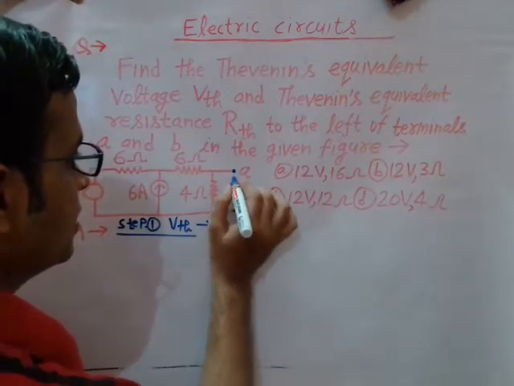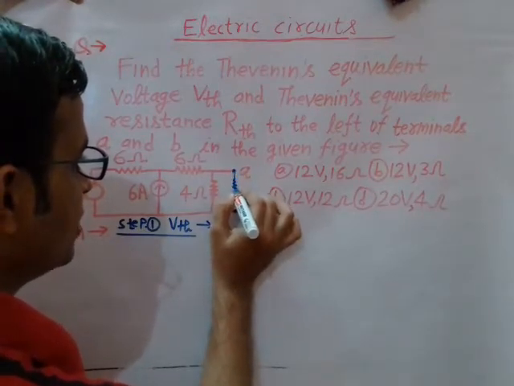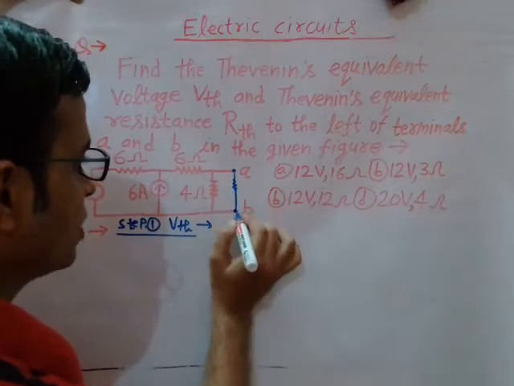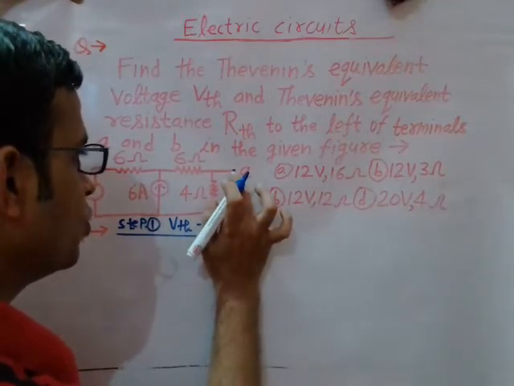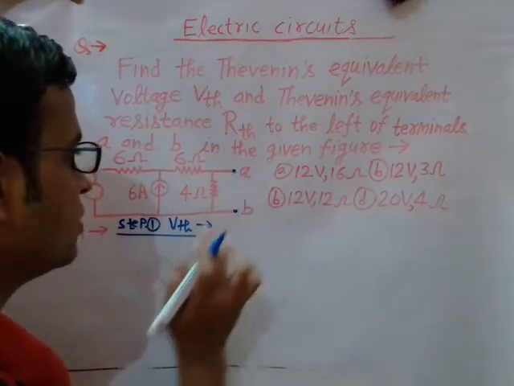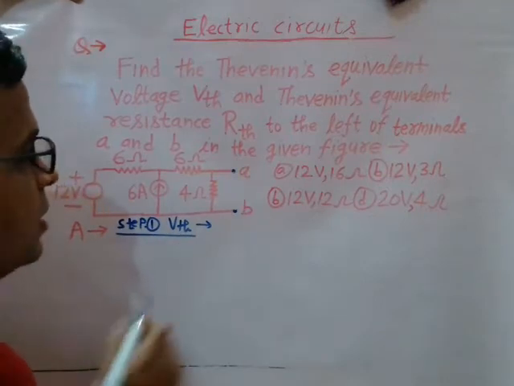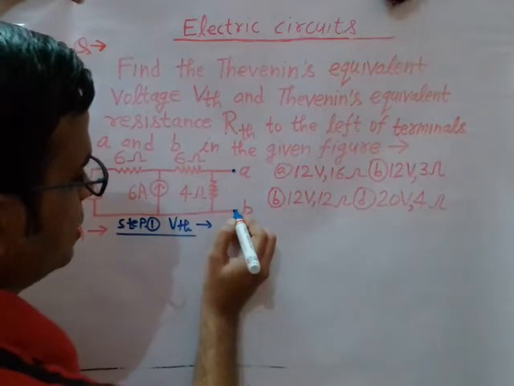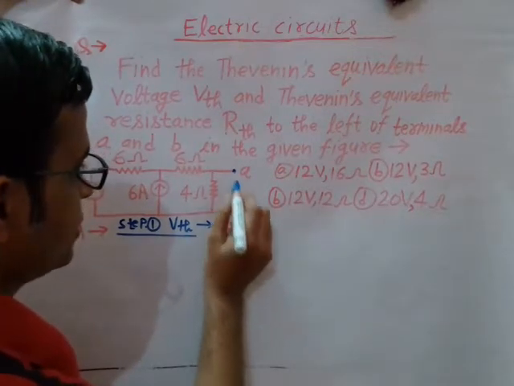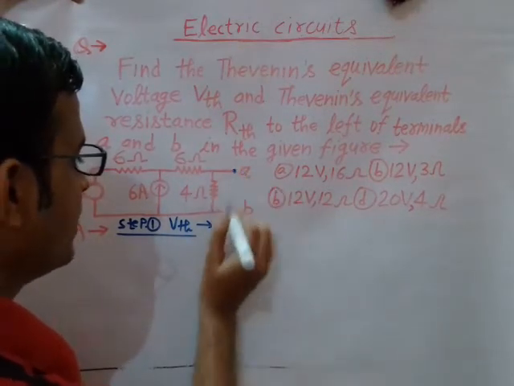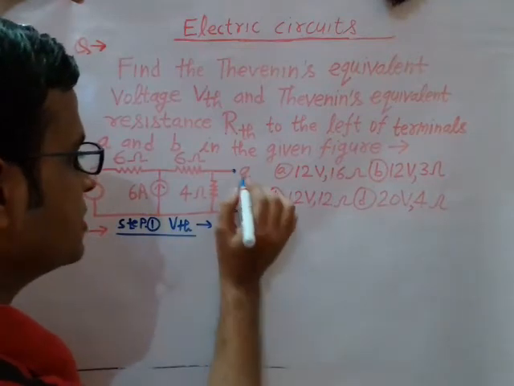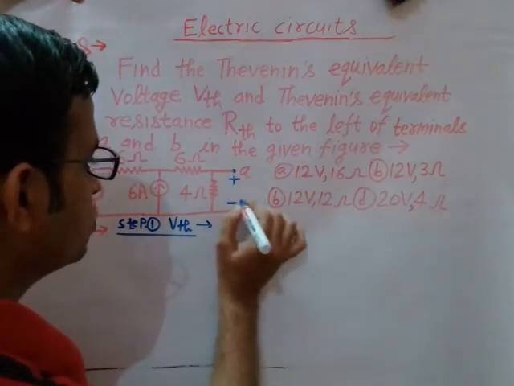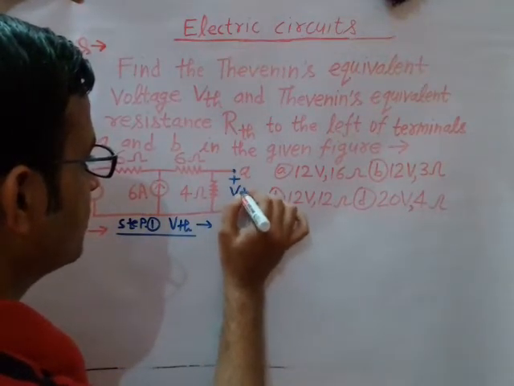Suppose any resistance or impedance is connected across them, then first you have to remove it to make it open circuit. Here it is already removed, so now you have to find Thevenin's voltage VTH across these two terminals.